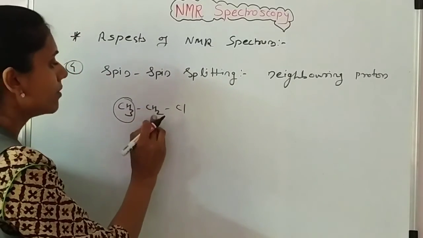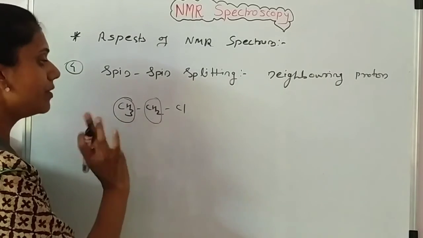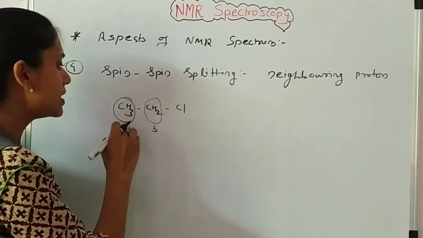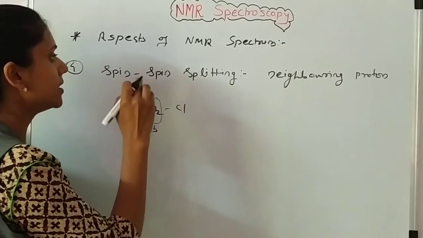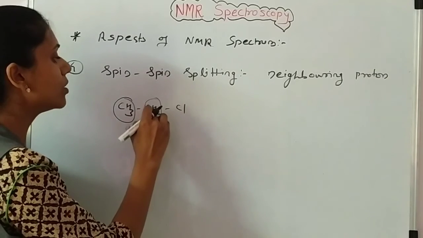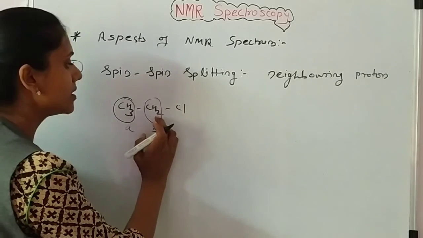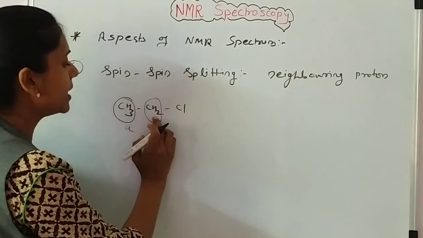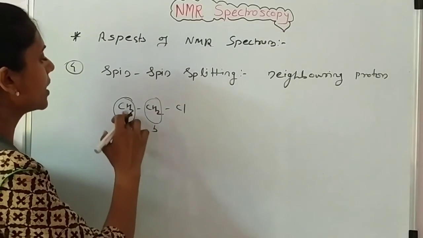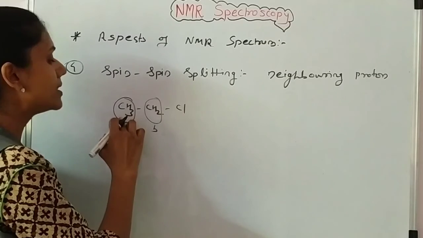Like this, when we split this signal, we get here two signals. Okay. When we split this signal, it is most important how many protons are present in its neighboring group. That means in CH2, when we split this signal, it is also most important how many protons are present in its neighboring group.